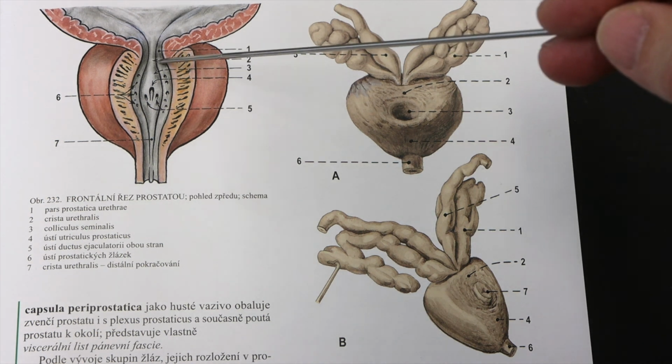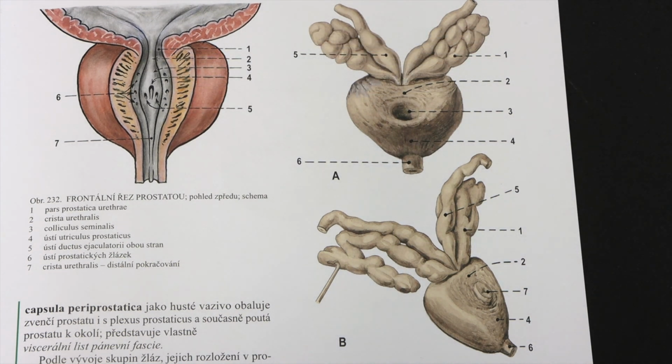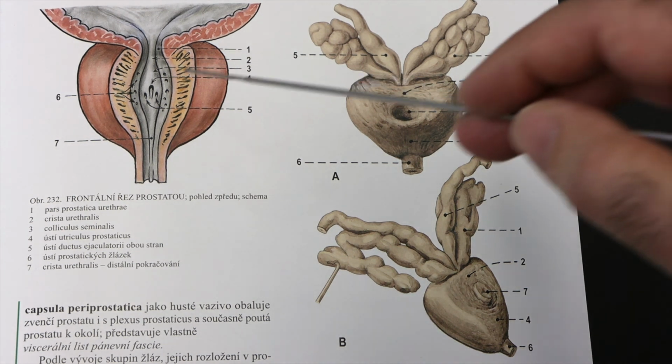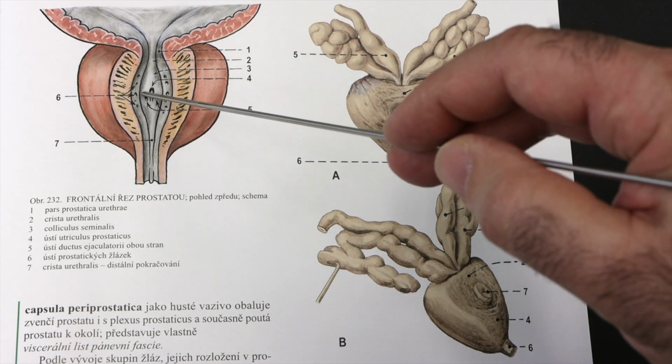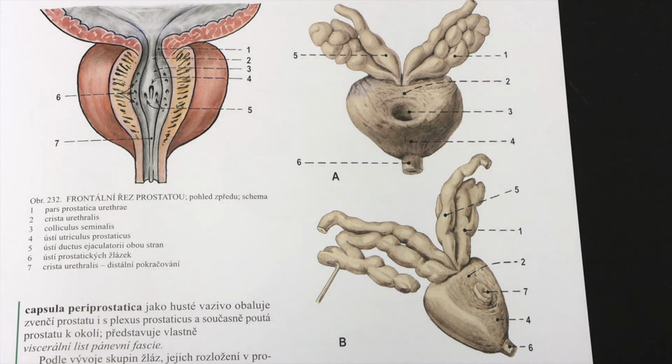And you can see the widening part here, which is called the colliculus seminalis. This colliculus seminalis is important because you can see the two orifices inside it. These two structures are the openings of the two ejaculatory ducts that open into the colliculus seminalis, the widening part of the prostatic urethra.